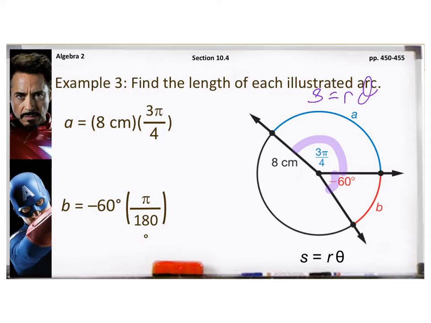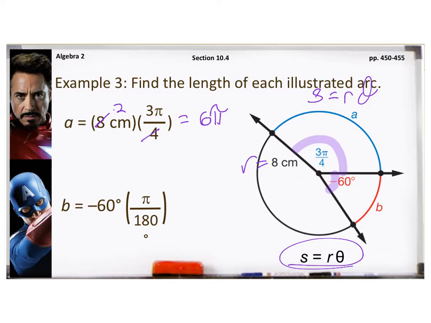R is 8, and then I have 2 different thetas. So A is r, 8 centimeters, times 3 pi over 4. Okay, so 4 goes into 8 2 times. 2 times 3 is 6. That's my answer, 6 pi.